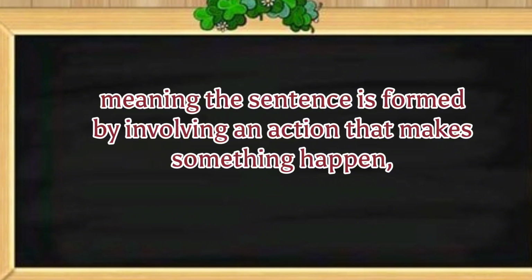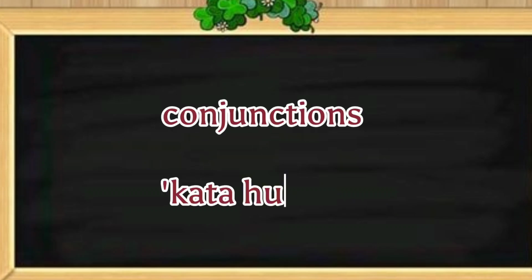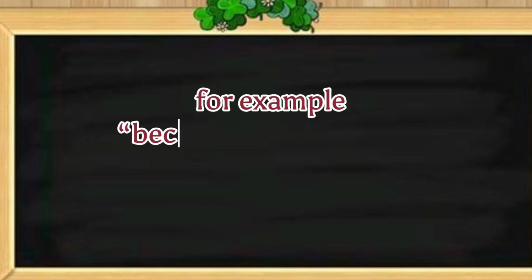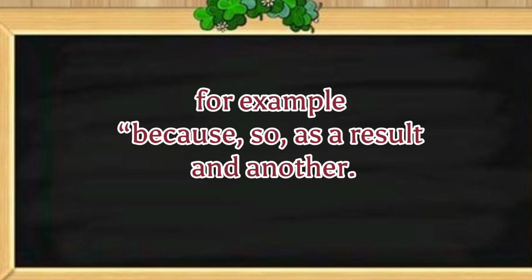Usually in Indonesian, we often use conjunctions or kata hubung to make cause and effect sentences. For example, because, so, as a result, and others. Do you get it, guys?